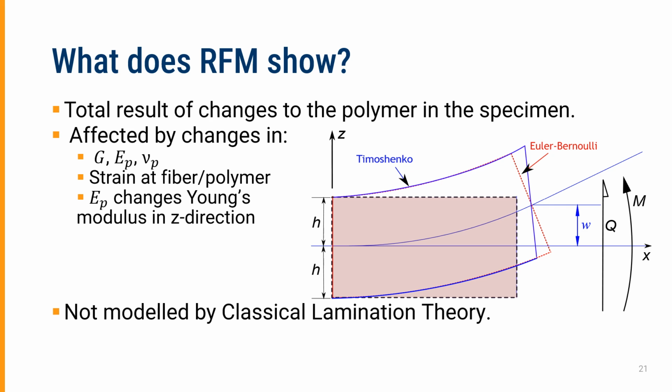And in fact, changes to the Young's modulus of the polymer will directly change the Young's modulus in the Z direction, because the Z direction normally has no fiber reinforcement that travels in this direction, and the fiber reinforcement is almost only in the plane, because we build it in layers.